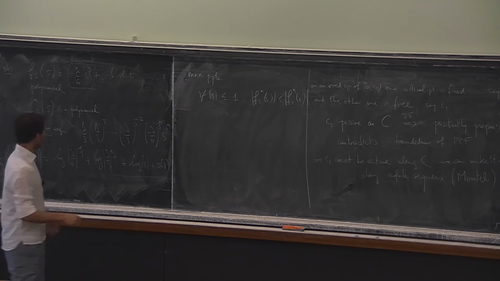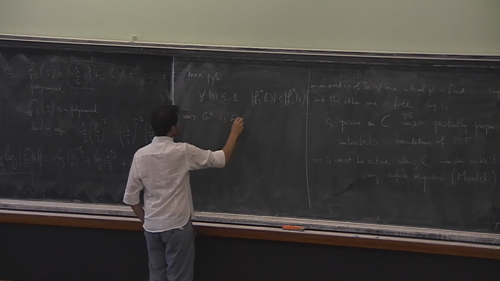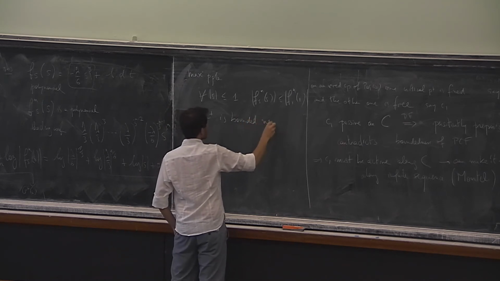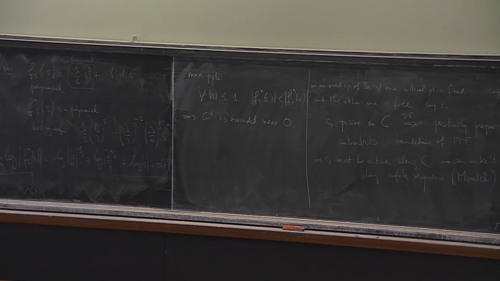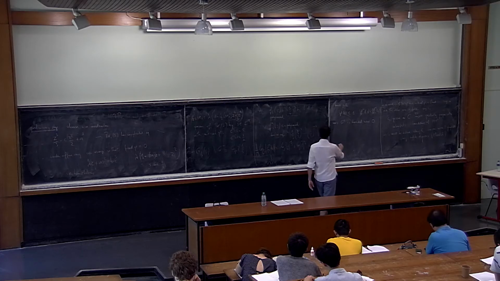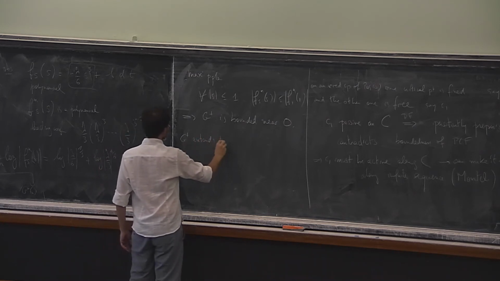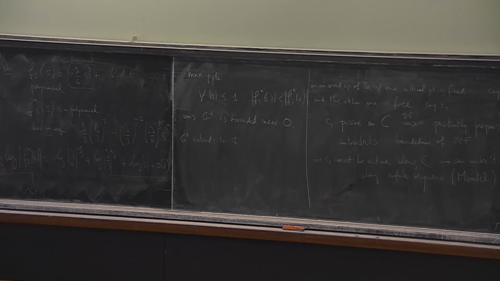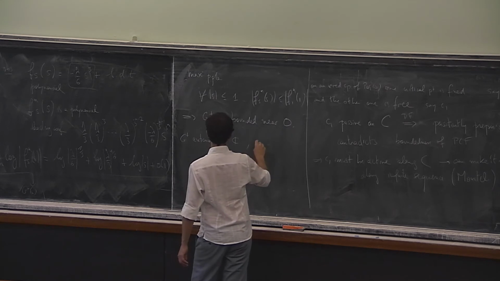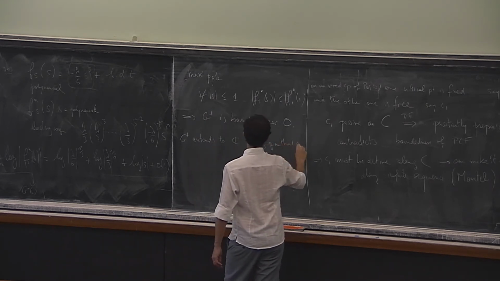So it implies that G plus is bounded near the origin. So it has no pole at 0. So finally, this function G plus extends to C, and it has logarithmic growth at infinity.